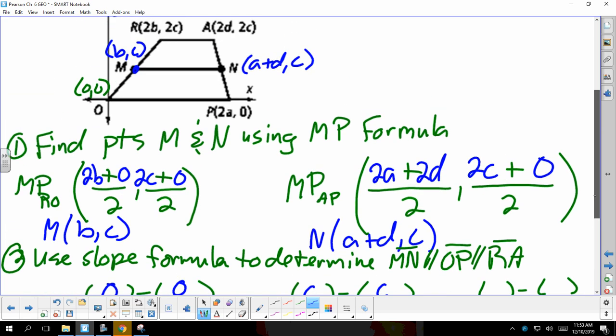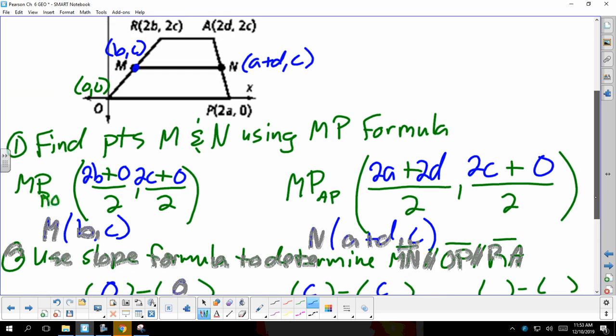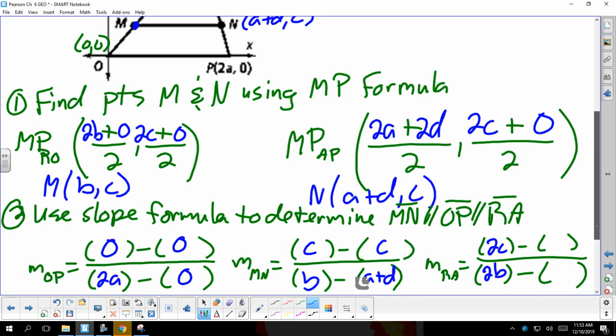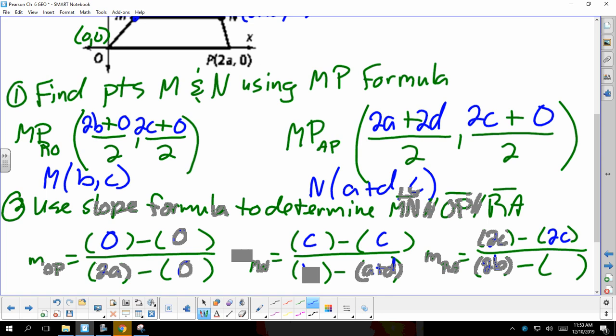And then the top one, RA, I have 2c over 2b, and 2c over 2d. So I put my y's on top of each of the x's, and then I just need to simplify to find these slopes.